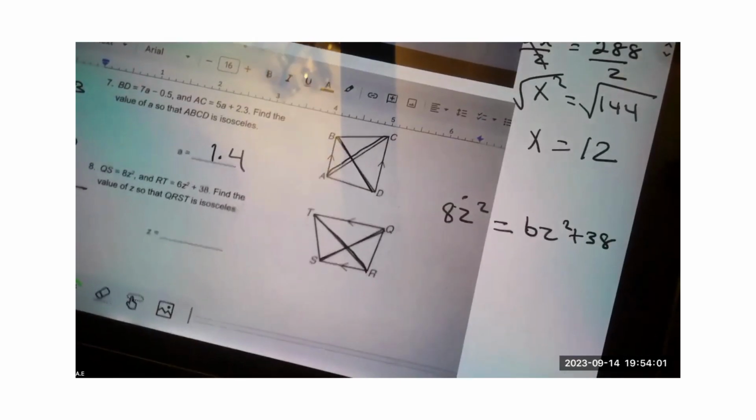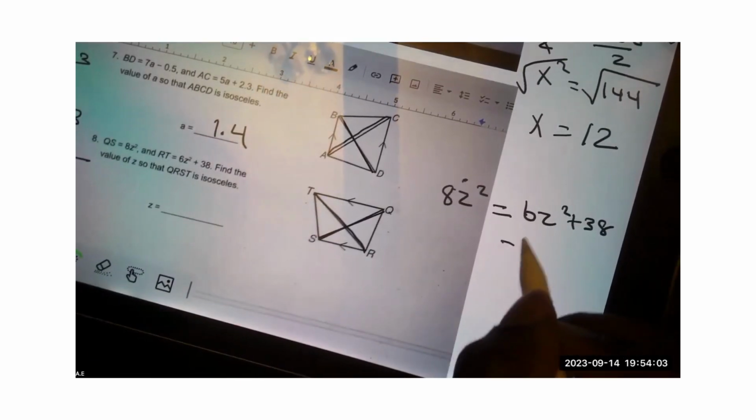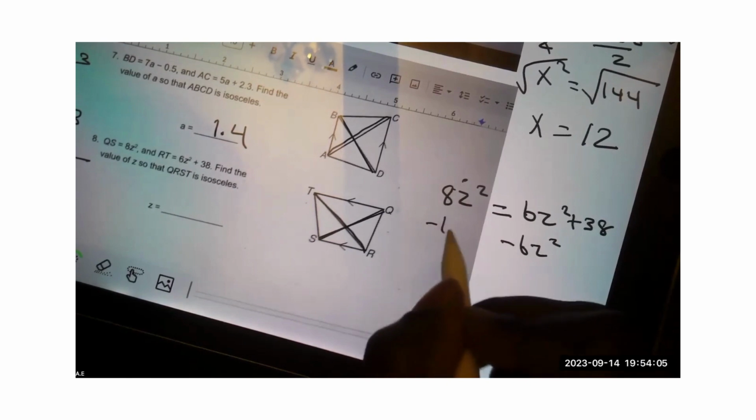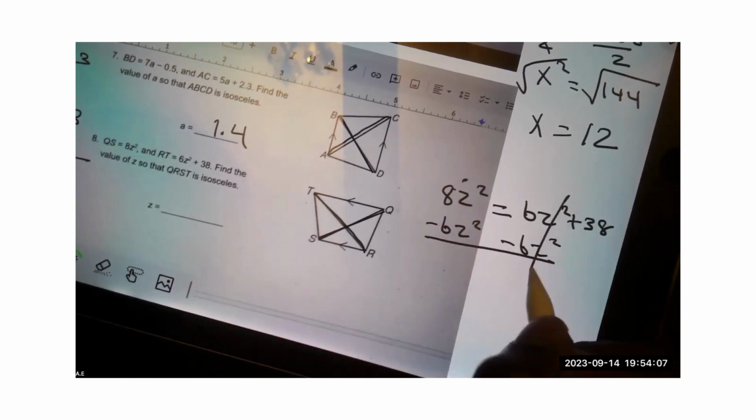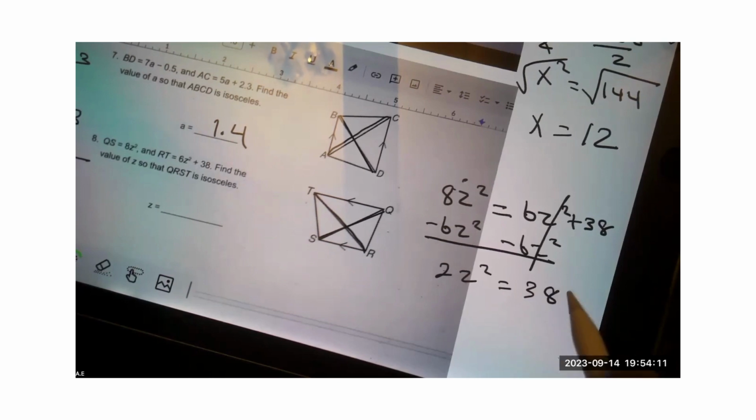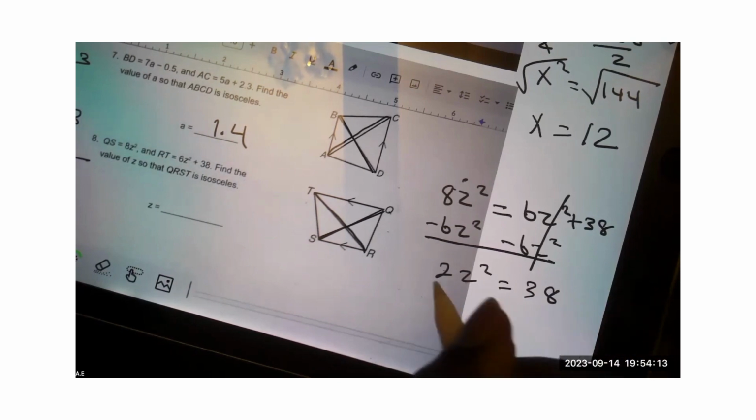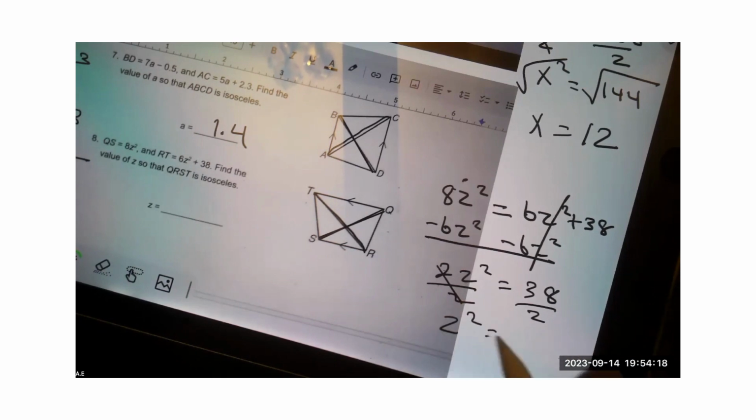Then we will subtract 6z squared, subtract 6z squared. We are left with 2z squared is equal to 38. Then we're going to divide both sides by 2. So we have z squared is equal to 19. We take the square root of both of them. So z is equal to 4.36.